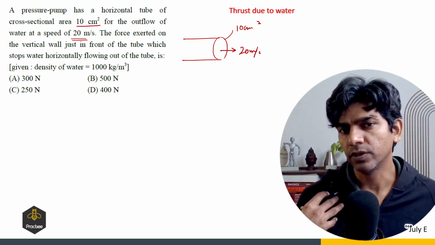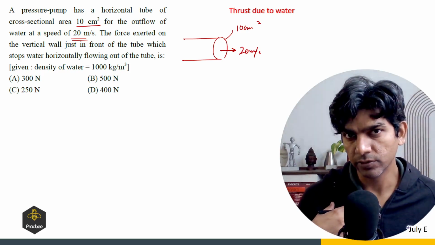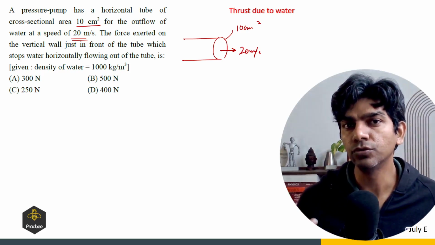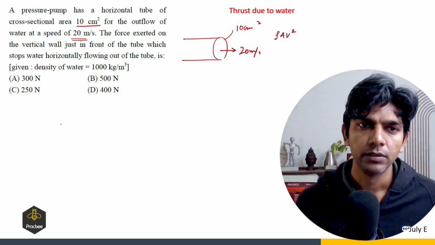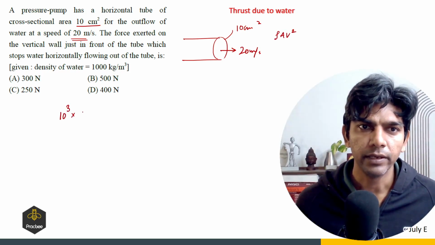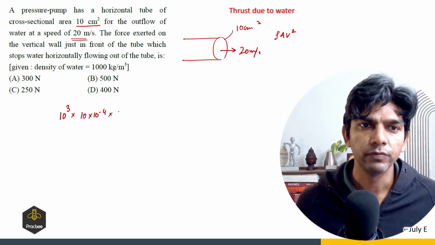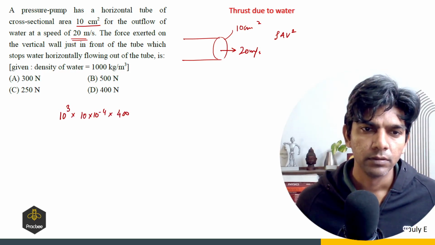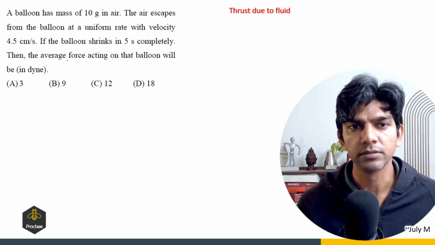But suppose it is given that the fluid strikes the wall and rebounds with the same velocity, in that case the force will be 2 rho A v square. So here we have to use rho A v square. So density of water is 10 raised to 3, area of cross section is 10 into 10 raised to minus 4, and v square will be 400. So it will give us 400 Newton. So option D is the right answer.